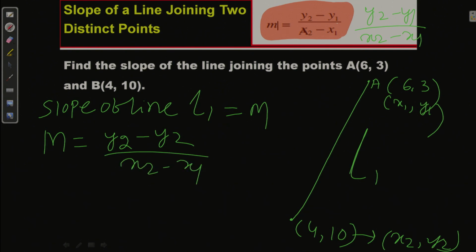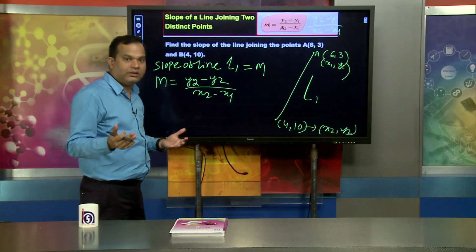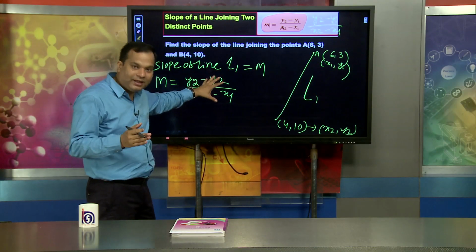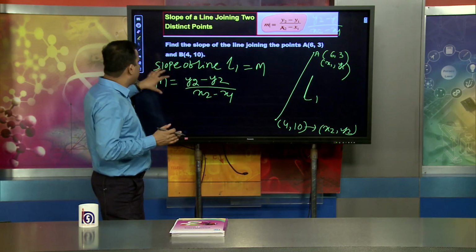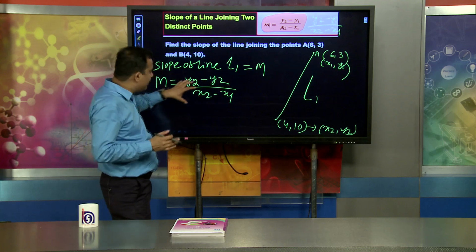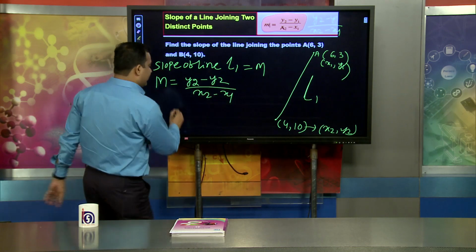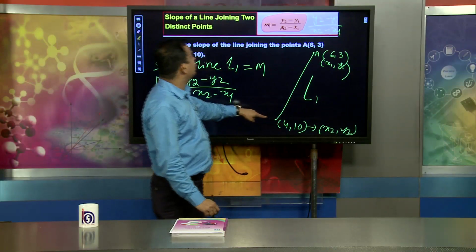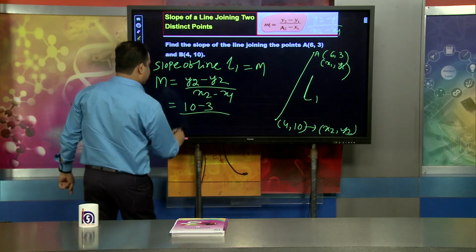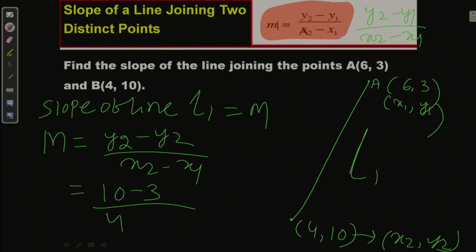You must understand the slope of the line, because it is very essential for understanding other concepts involved in coordinate geometry. So the slope of line L1 is y2 minus y1 divided by x2 minus x1, which equals 10 minus 3 divided by x2 minus x1, where x2 is 4, so 4 minus 6.